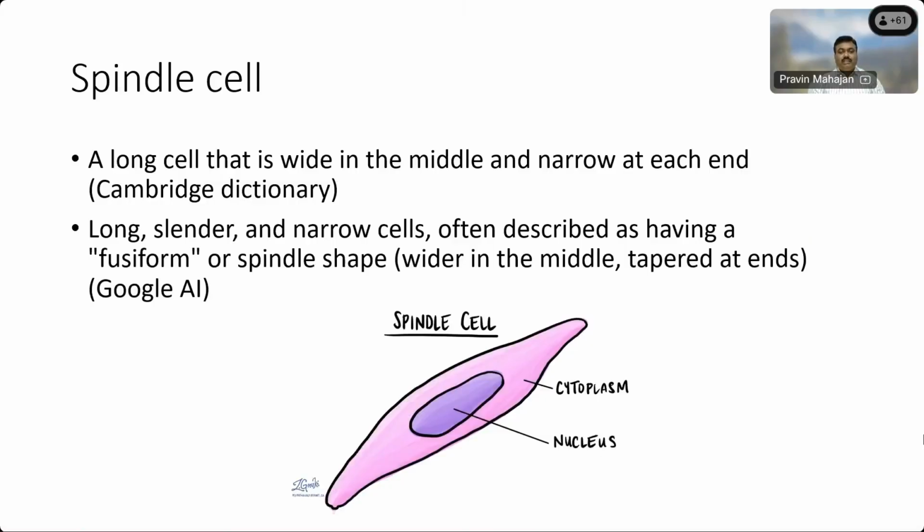Google AI mode these days, everybody knows, if you search anything in Google, the first thing that comes is an AI mode search result, and that gives the definition as long, slender, narrow cells often described as having fusiform or spindle shape, which are wider in the middle and tapered at the ends. Okay, so this is how it should look like.